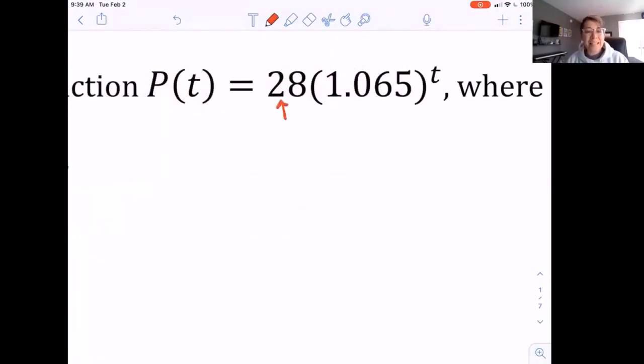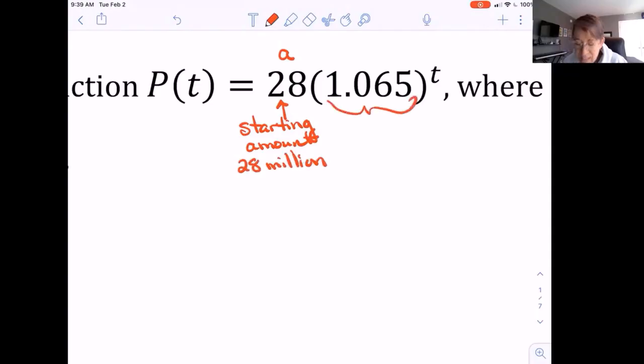So 28 is our A, so that is our starting amount. That means the population at the beginning of whatever study we're doing would have been 28 million. This number here is our B. Since it's larger than 1, that means we have a growth factor. So you can think of it as the 1 representing 100%, in other words, the entire original population.